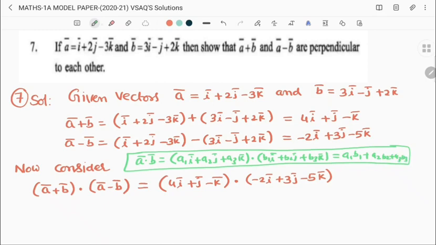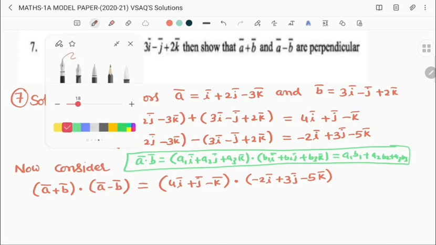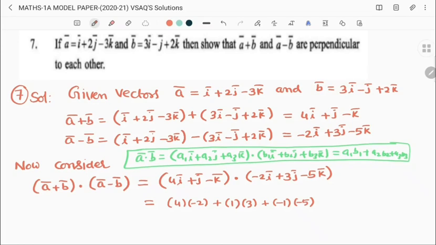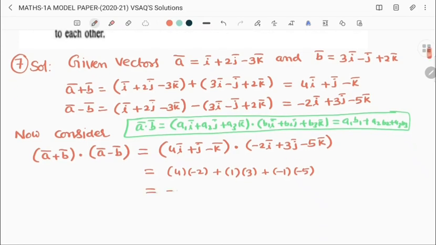So by using that formula, you will get 4 into minus 2 plus 1 into 3 plus minus 1 into minus 5. So minus 8 plus 3 plus 5. So minus 8 plus 8 is 0.